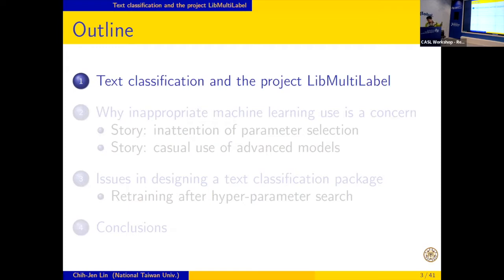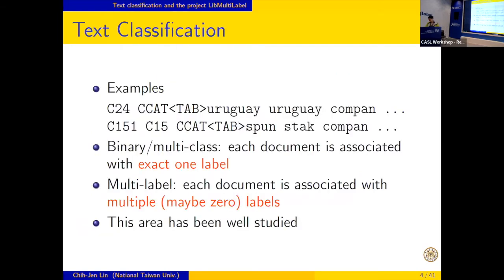Recently, we are doing an open source project for text classification. I think most of you here are familiar with text classification. So here are some examples. Each row is a data instance. So we have labels and then a sequence of words.